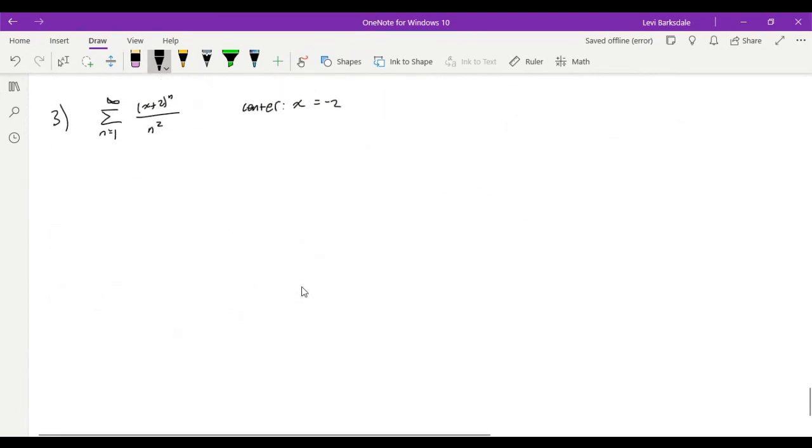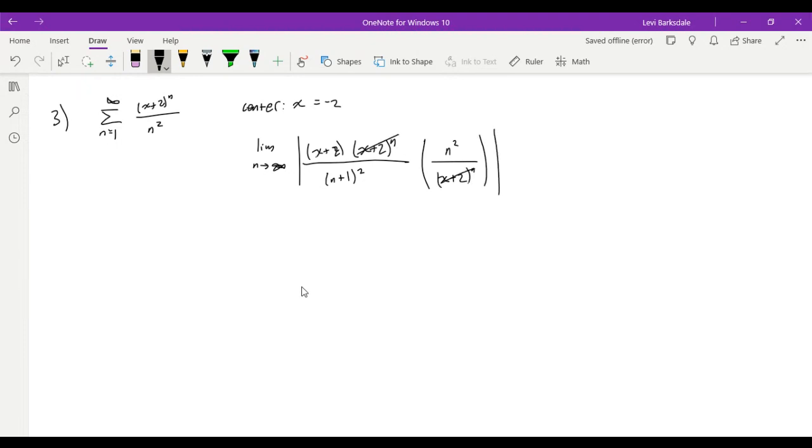If we apply the ratio test, we would get the absolute value of x plus 2 times x plus 2 to the nth over n plus 1 squared, and then we would divide by x plus 2 to the nth over n squared, so I'm just going to multiply by the reciprocal, n squared over x plus 2 to the nth.